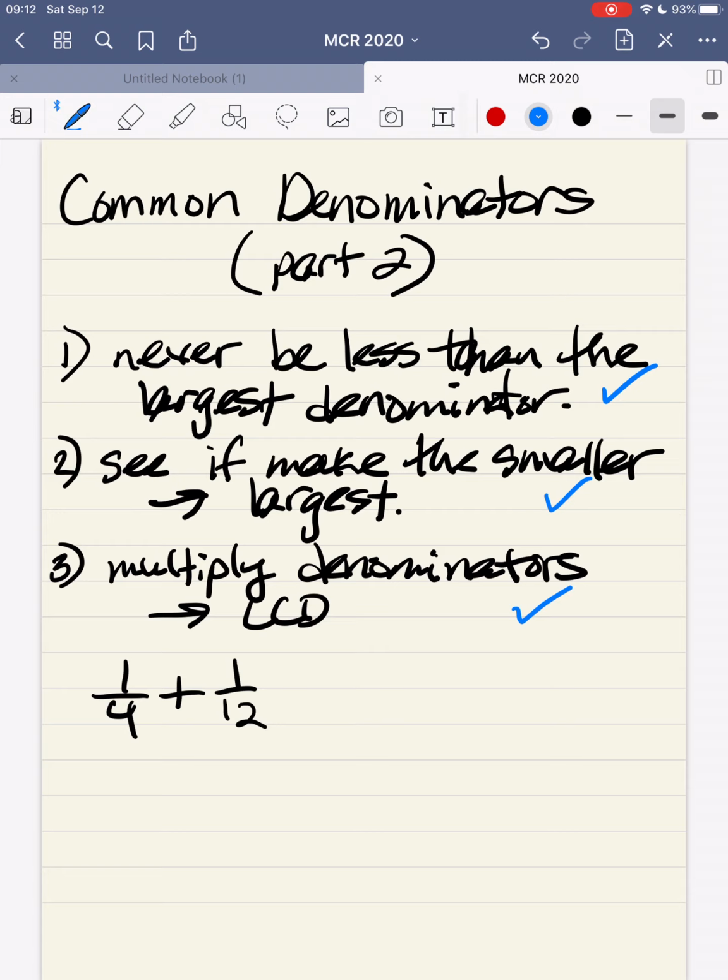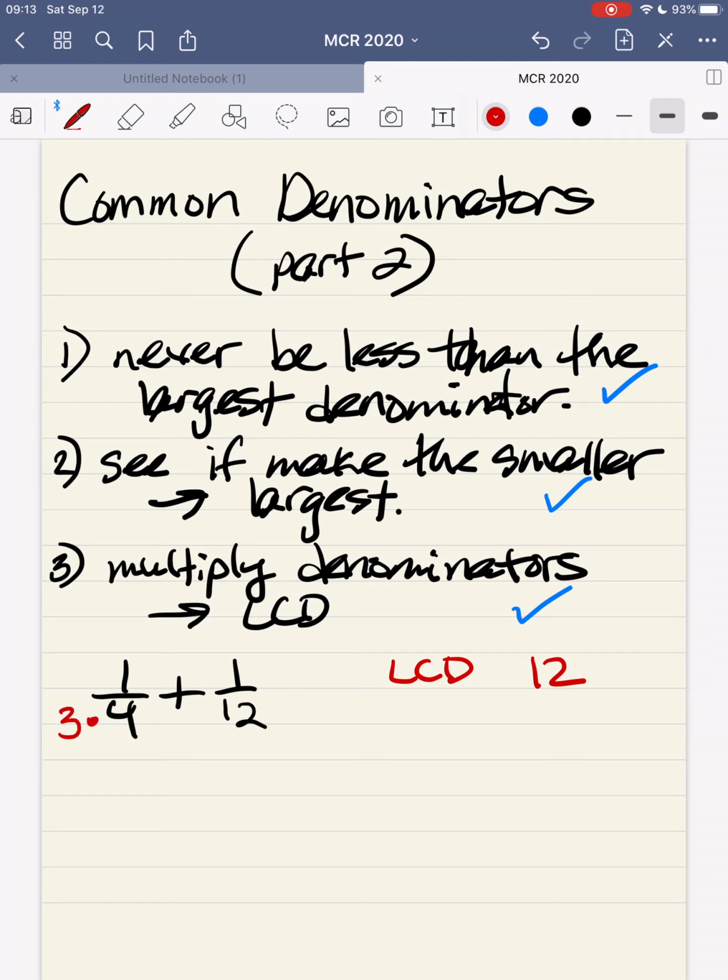Okay, so here we have, again, 4 and 12. All right, so if I want to add these two numbers, I'm going to go ahead and multiply by a number. I know my LCD must be 12 or greater. Can I multiply the 4 into something to give me 12? Yes.